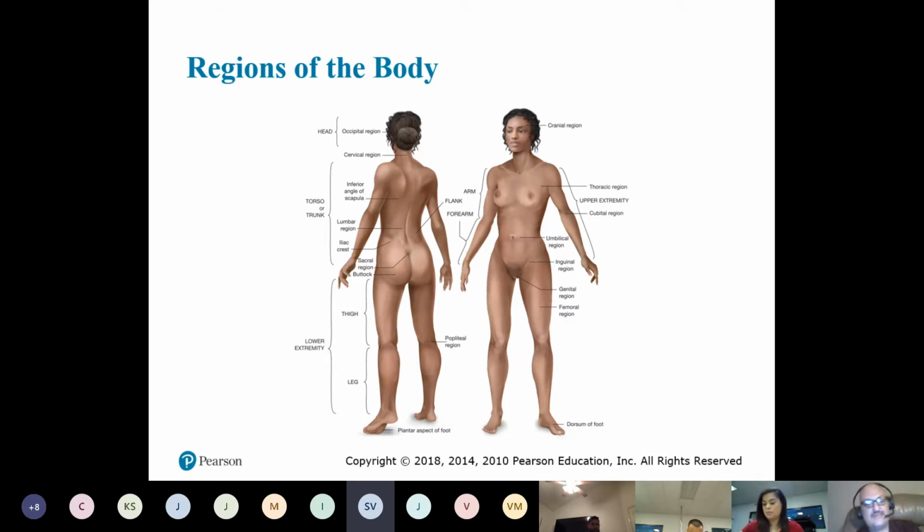Scapular region, because of the scapula, the shoulder blade. But keep going past the thoracic is the lumbar region, which is your low back area. And the reason it's called lumbar is because the bones in that part of the spine are called the lumbar vertebrae. So your low back is actually your lumbar region.